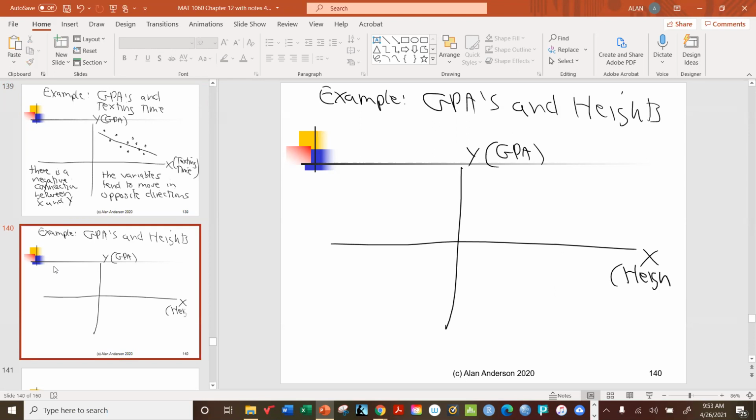Now here, of course, you're going to get some tall people with high GPAs and some tall people with low GPAs. And relatively short people will have high GPAs and they'll have low GPAs. And so there's literally no connection here. The trend line is flat. The trend line has a slope of 0.